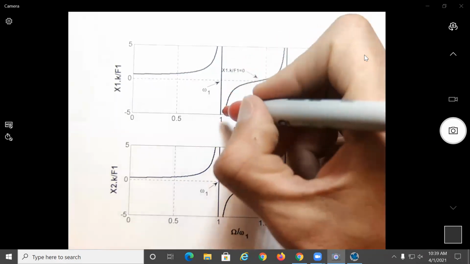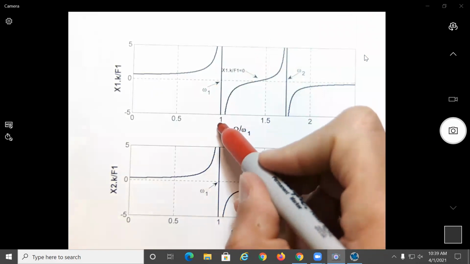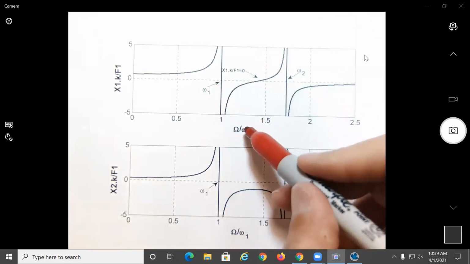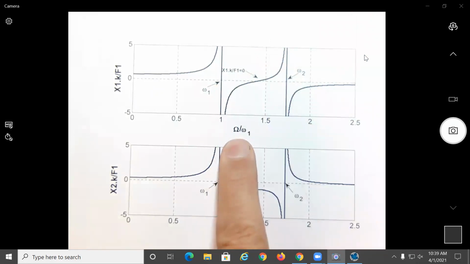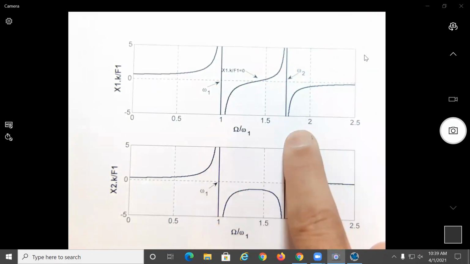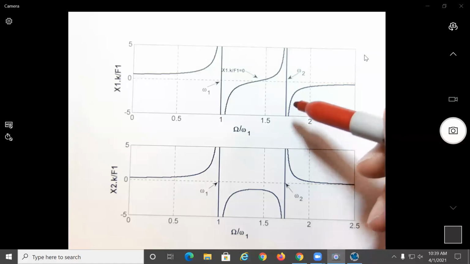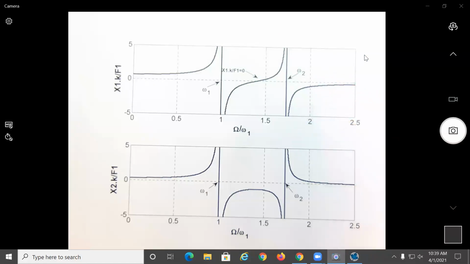It should be omega 1 as I put over here. But this is normalized, because when capital omega, the frequency, is equal to omega 1, you will have 1, no? Okay. And now this will be omega 2. All right?